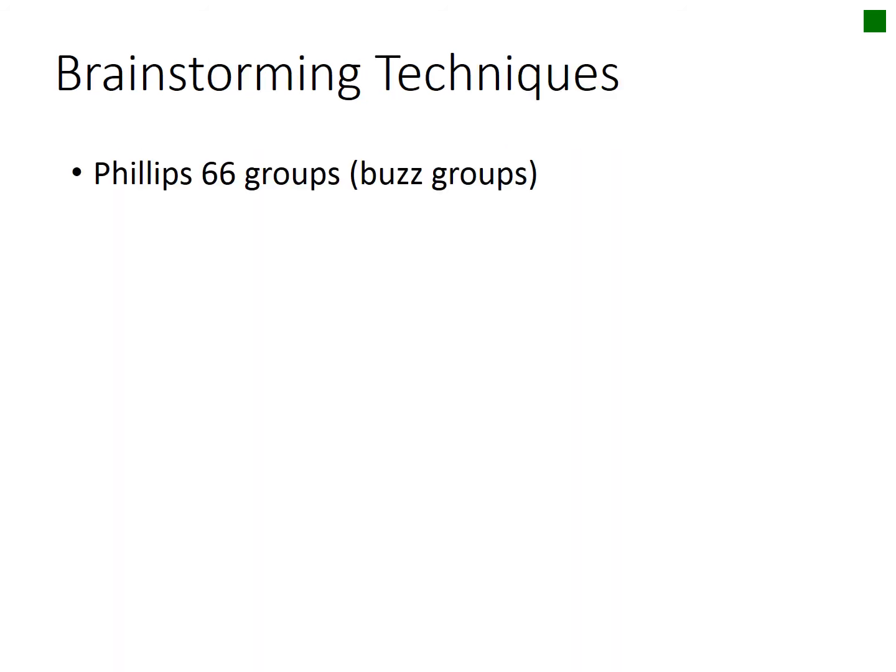The Phillips 66 method actually involves, instead of 12-person groups, so a large group of 12 or more in a brainstorming session, actually having sessions of only 6 members, and then having those 6 members brainstorm with each other in separate groups, and then rotate groups.